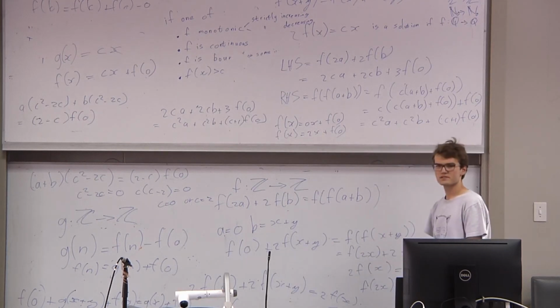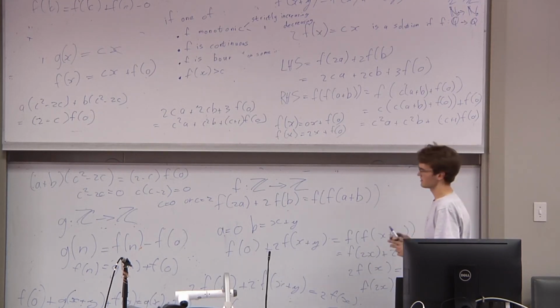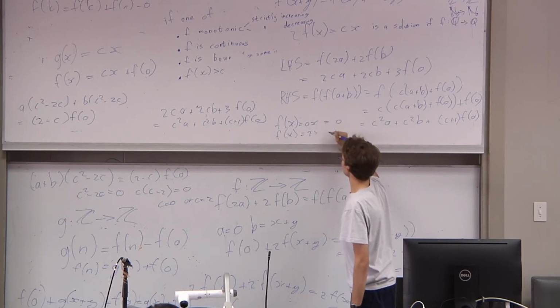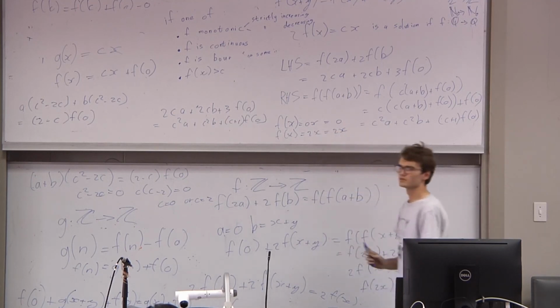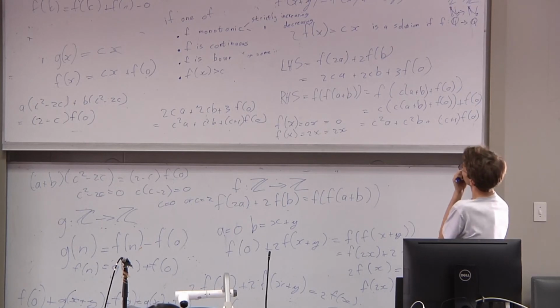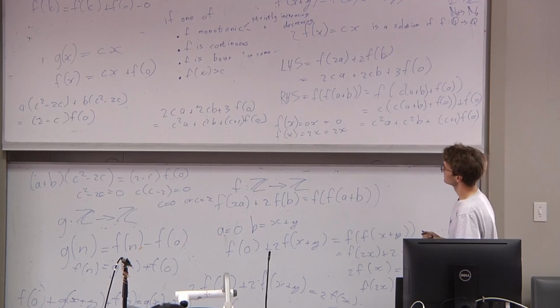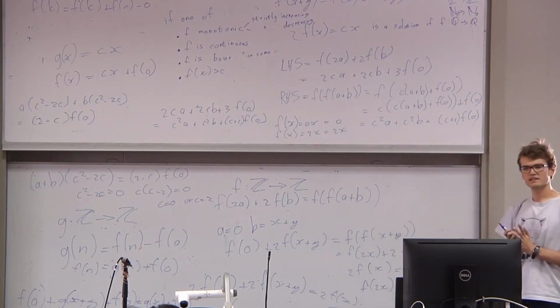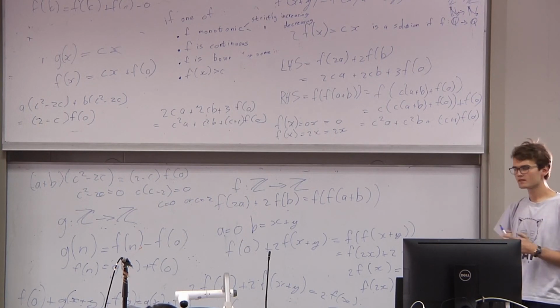And if you check those, the f of 0s should come out to be 0 as well, which means the only solutions are f of x equals 0 and f of x equals 2x for all x. Actually, I think adding constants works. No. Okay, and you can check those and they will work, and that's the end of the question.